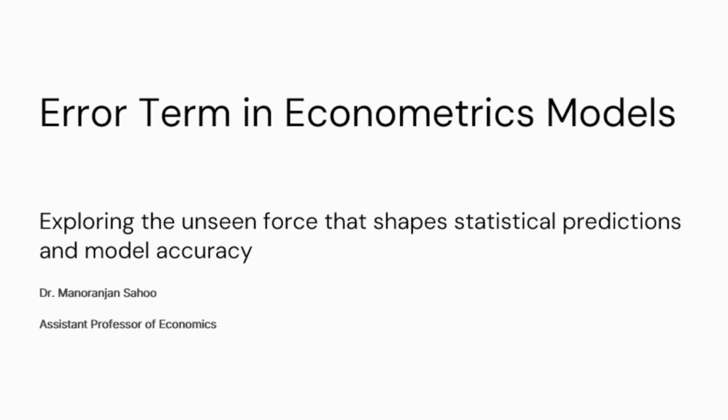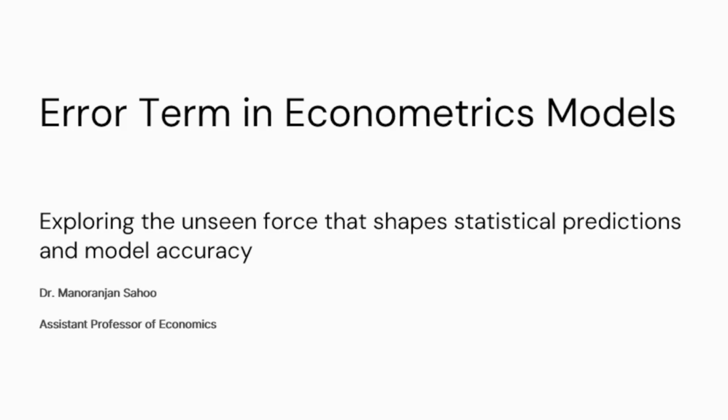Once Albert Einstein said, anyone who has never made a mistake has never tried anything new. Thus, errors are important whether it is our life or it is the econometric model.